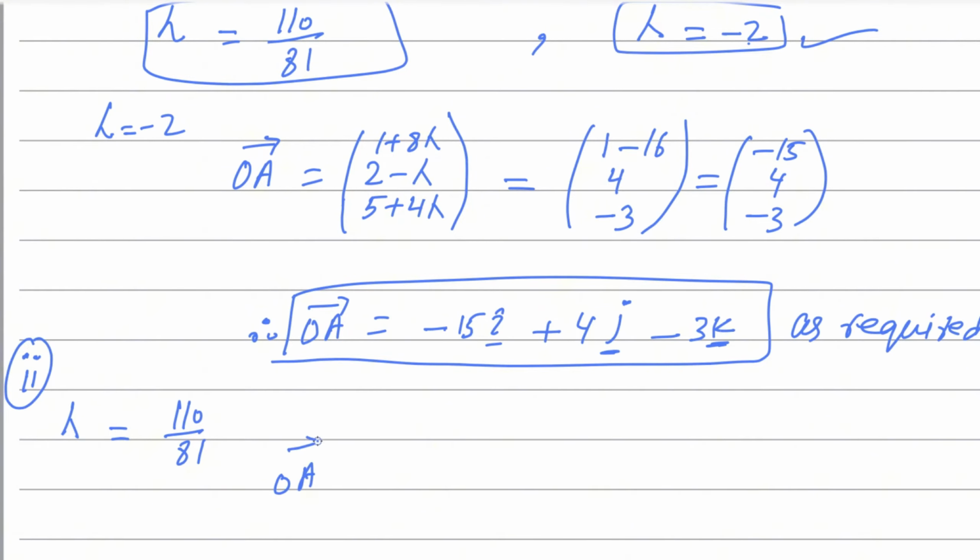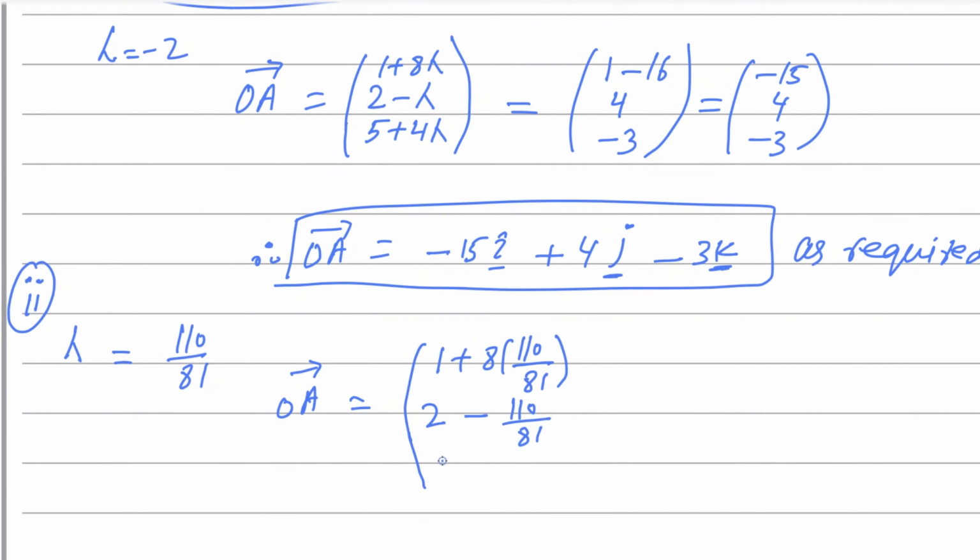Vector OA. So here I will directly substitute this value. It will be 1 plus 8 into 110 over 81, and the next one will be 2 minus 110 over 81, and 5 plus 4 into 110 over 81. First answer is 961 over 81.